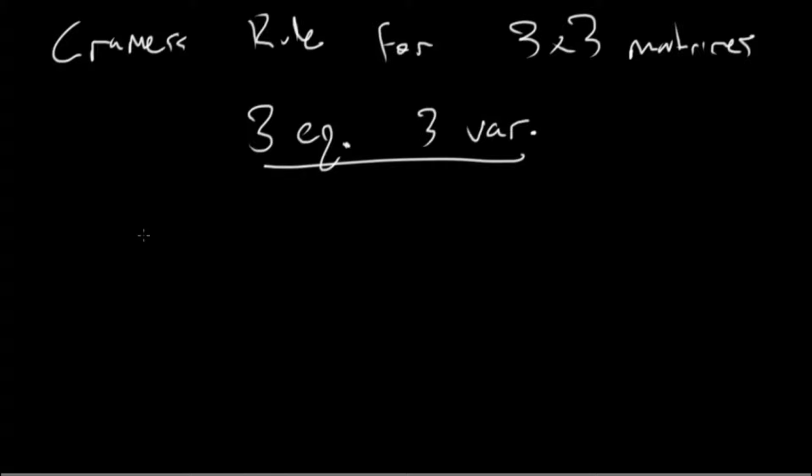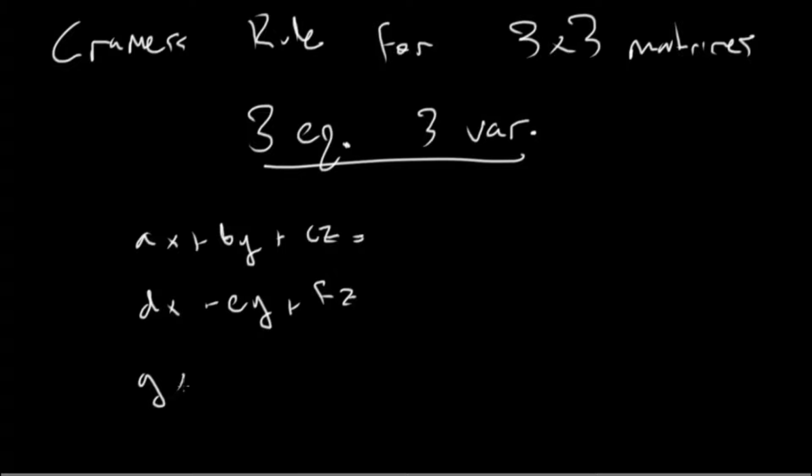All right, so we are going to have the following system of equations: ax plus by plus cz, dx plus ey plus fz, and then gx plus hy plus iz is going to be equal to j, k, and l. What are the solutions to this system of equations?